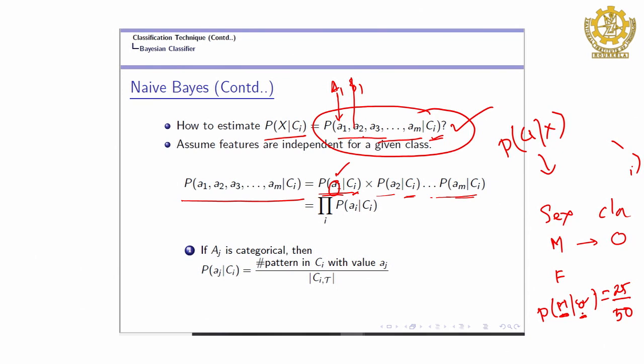So, in class 0 there may be male and female, and then you count how many of them are male. Therefore, the probability of Aj given a particular Ci is the number of objects in that category with the same value Aj, divided by the total number of objects belonging to class Ci. That means, if you have 30 objects belonging to class C1, out of these 30 objects you find the particular category, let us say another attribute: whether he owns a home or does not.